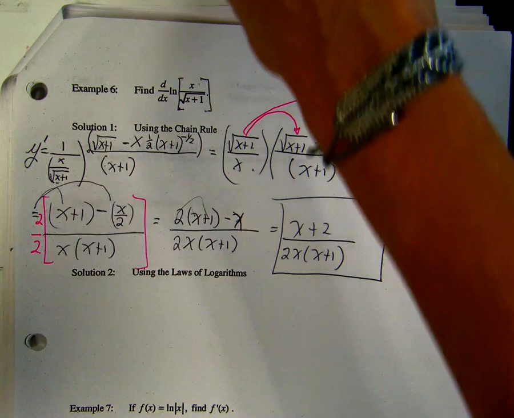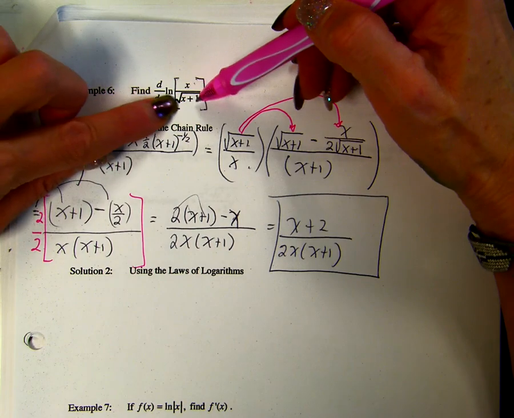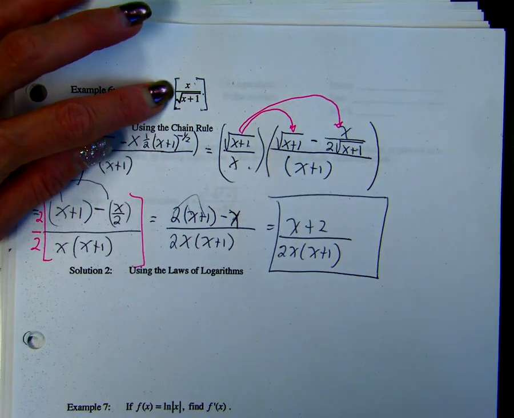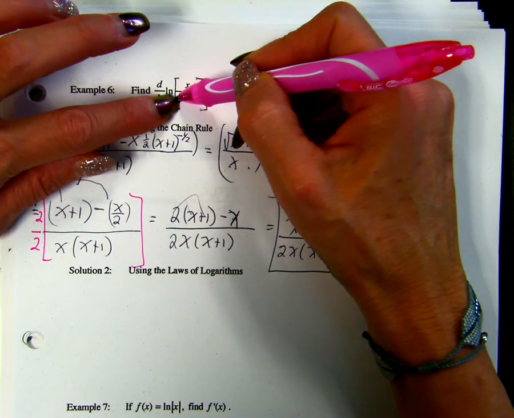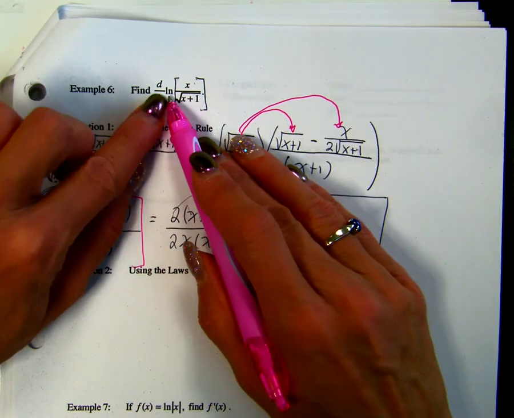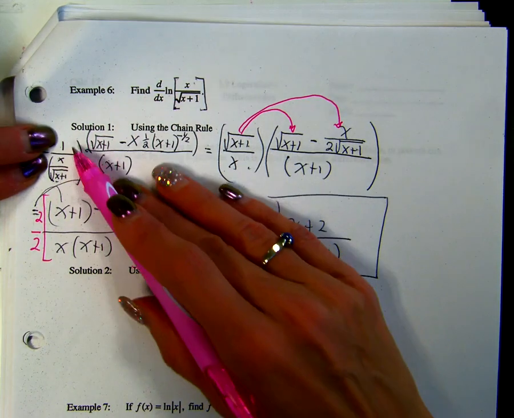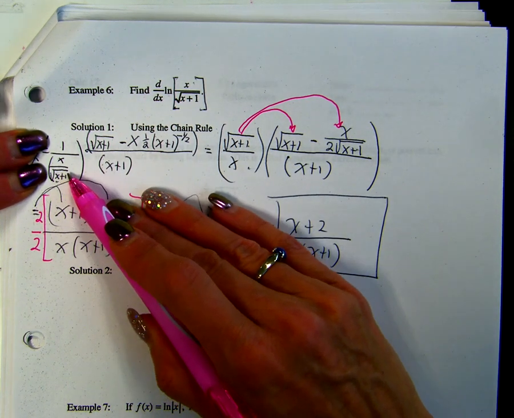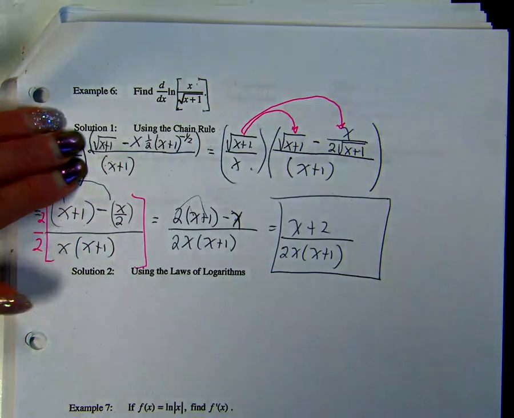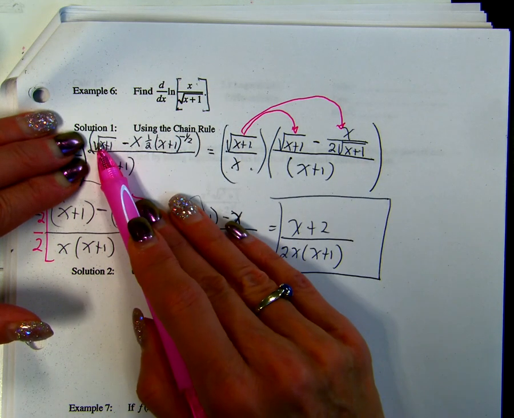Okay, so let's just review that whole process. We have function composition. Inside the ln function, we've got a quotient. Within the quotient, we've got another function, a square root. So we took the derivative of ln, and we got 1 over whatever we were taking the ln of, times the derivative of x over root x plus 1.